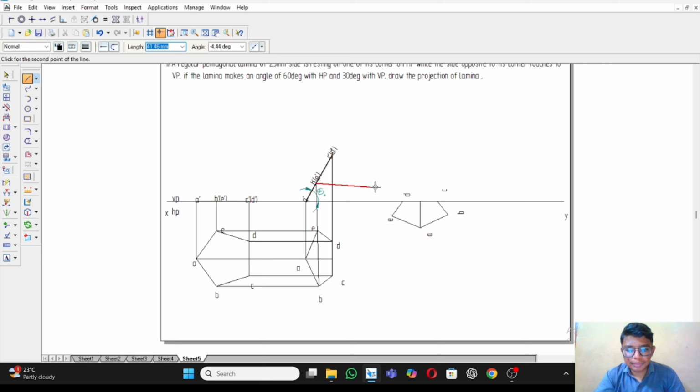First, let's take the B dash. B dash. A dash to A dash. Then B dash and C dash. C dash and A dash to this part.